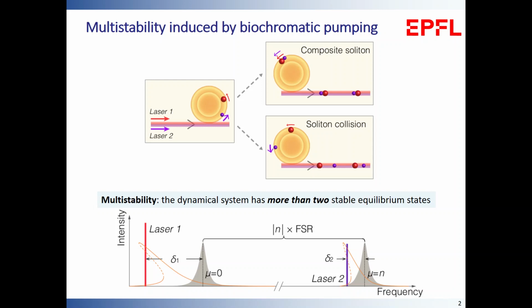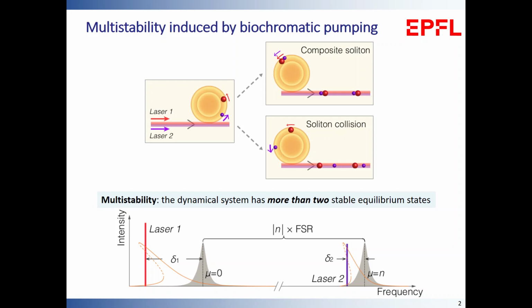Of course, you know that the Soliton power, duration, and everything depends on the laser cavity detuning. So delta 1 and delta 2 don't have to be the same. Then this laser can generate a different type of Soliton, and these 2 kinds of Solitons will coexist in the cavity, right?